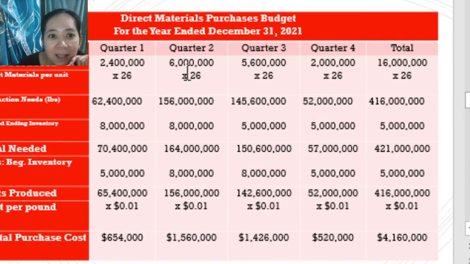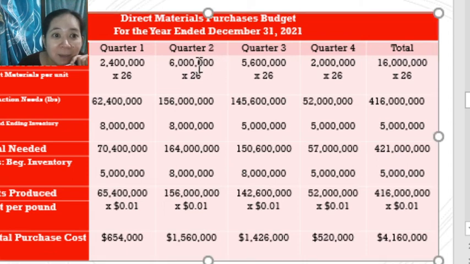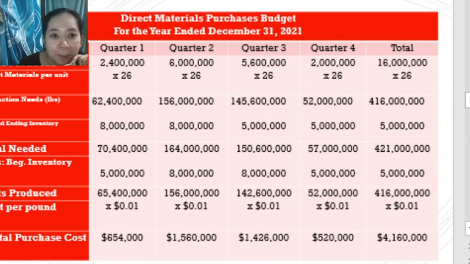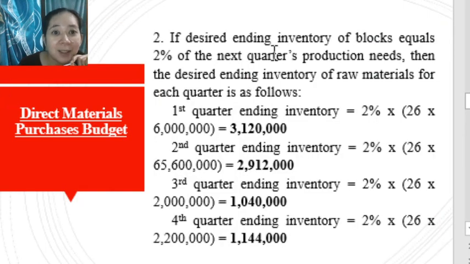Here, we are solving for the first quarter. So the next period is the second quarter. So that's why we base it on 6 million. This is the next quarter's production needs for the second quarter. That's why this is our basis for the computation of the ending inventory for the first quarter.